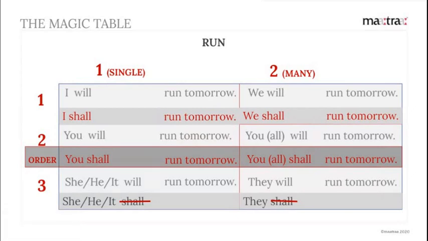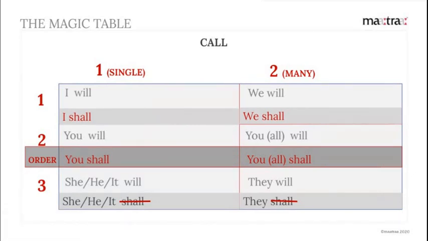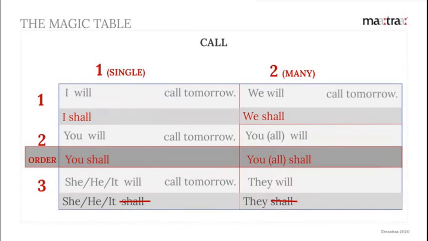Let's do another action word like this. The word that we're going to do now is call. I will call tomorrow. You will call tomorrow. Saurabh Kartikeya will call tomorrow. We will call tomorrow.